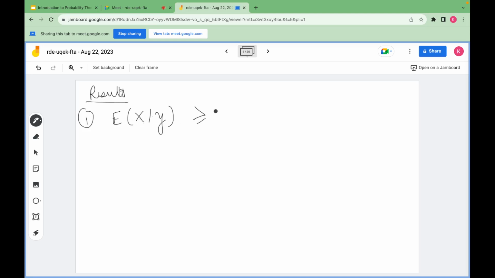This is always greater than 0 if the random variable X is greater than 0. Second, the expectation of a constant value, say 1, given any random variable Y is always equal to 1, because this constant value does not depend on the random variable, it will always remain constant.